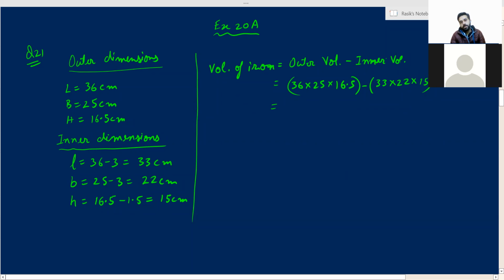36 into 25 is 900, into 16.5. Sir, 3,960. Final answer? Yes, sir.